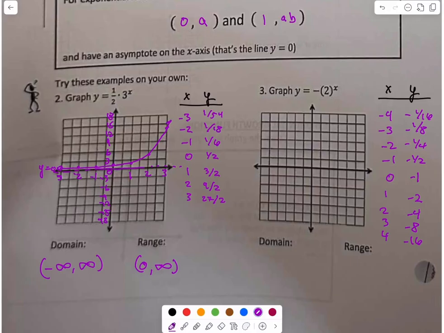Okay. X values, y values, we go up to 16.